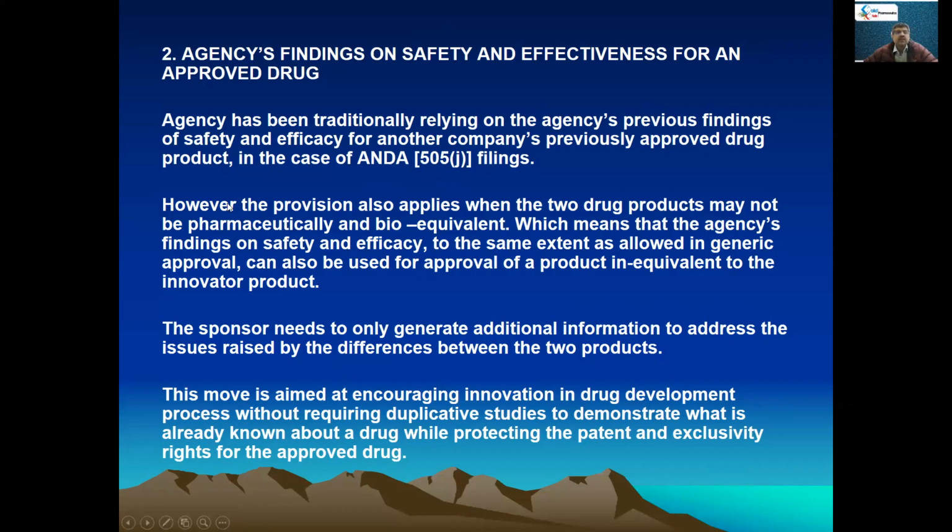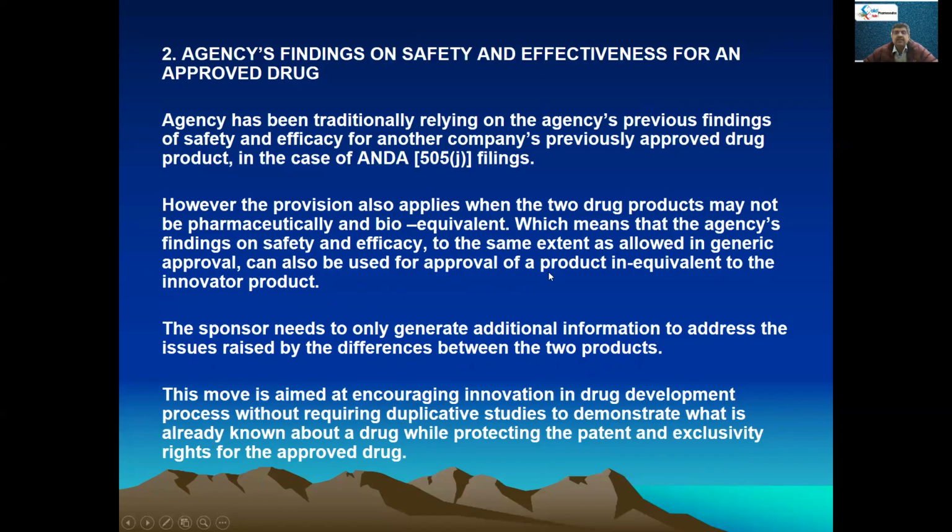application. However, this provision also applies when the two drug products may not be pharmaceutically and bioequivalent, which means that this provision can also be applied for products that are not generic products, which means that the agency's finding on safety and efficacy to the same extent as allowed in generic approval can also be used for approval of a product equivalent to the innovator product.